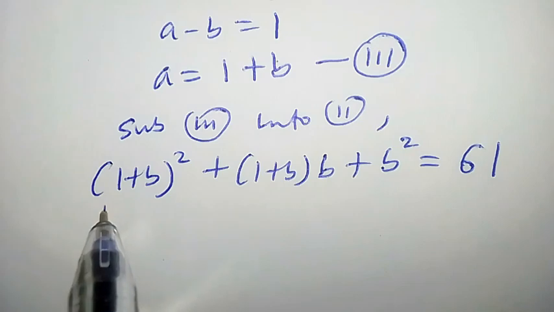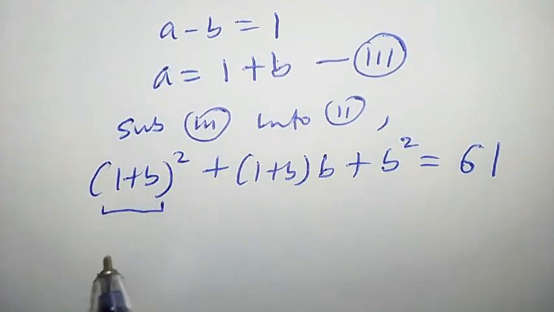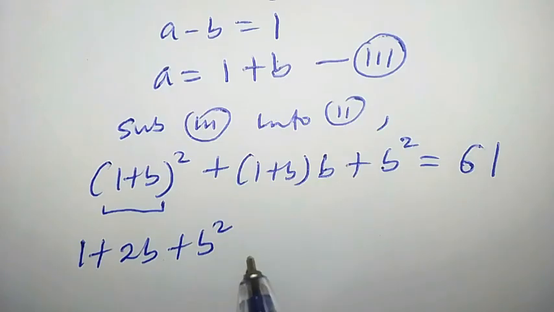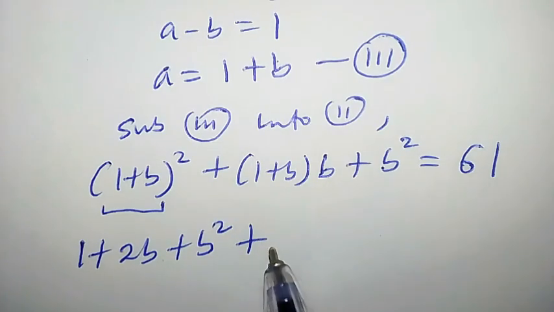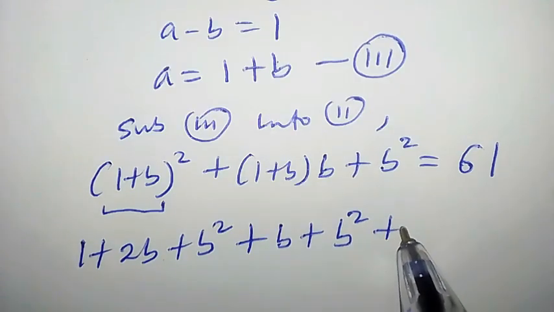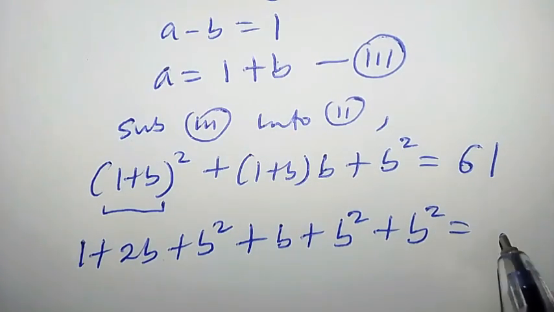If you expand 1 plus b all squared, you will get 1 plus 2b plus b to the power of 2, plus b times 1, that is b, plus b times b, that is b squared, plus b squared equals 61.